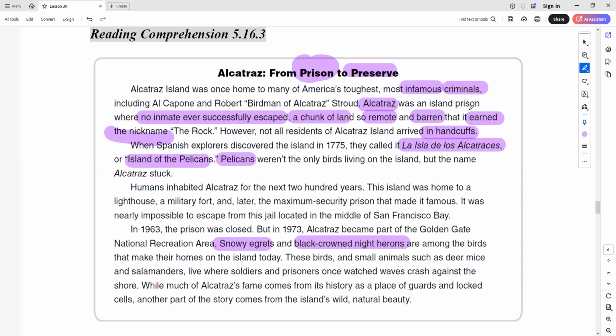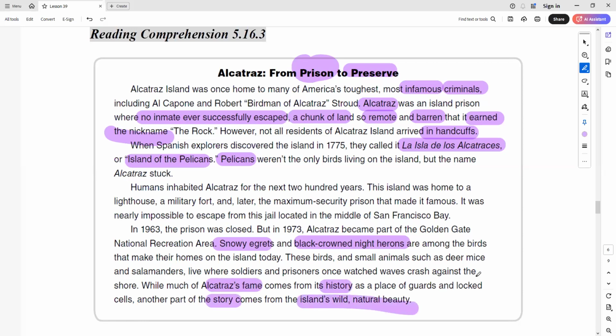Okay, while much of Alcatraz's fame comes from its history as a place of guards and lock cells, I like this part very much. Okay, because you can see this too. Part of Alcatraz's fame is actually from the history, and another part is actually the story about the island's natural beauty.